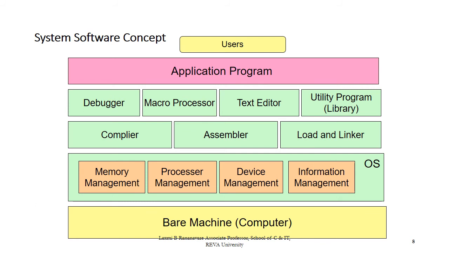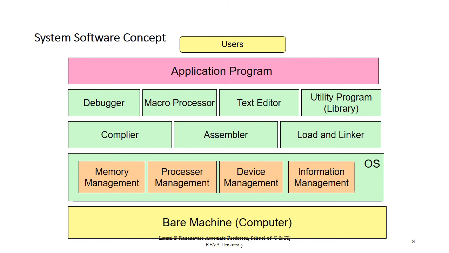Next one is a text editor, which enables us to create a program and modify the program. Also we have utility programs which are library functions. On top of that, we have the user or application program. Depending on the application, we write the application program, and these application programs are used by the users.